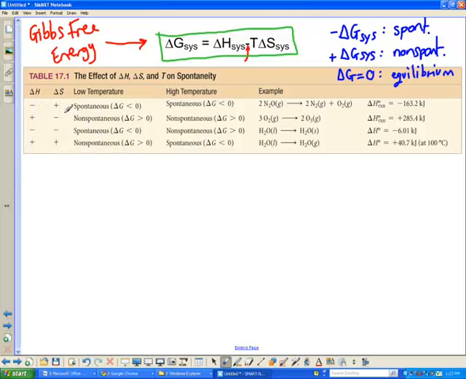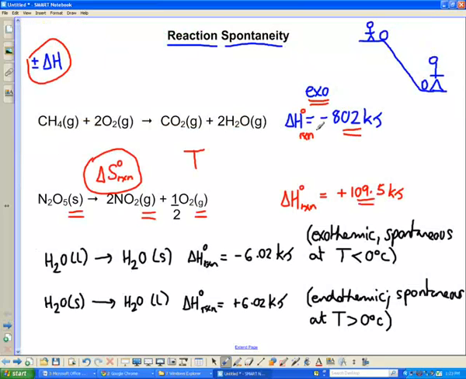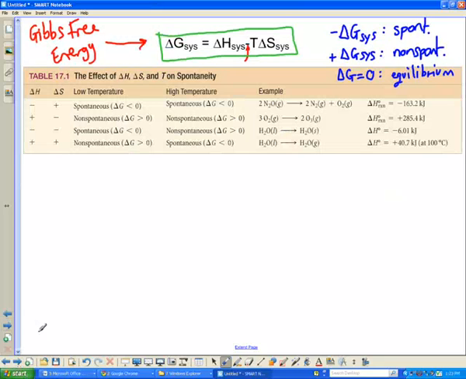Okay, if we look at the first one, if we have a negative delta H, which suggests a spontaneous reaction but doesn't say that for sure. And also bear in mind, a negative delta H is going to more than likely give us a negative sign here. So a negative sign is what we want in our delta H for spontaneity.